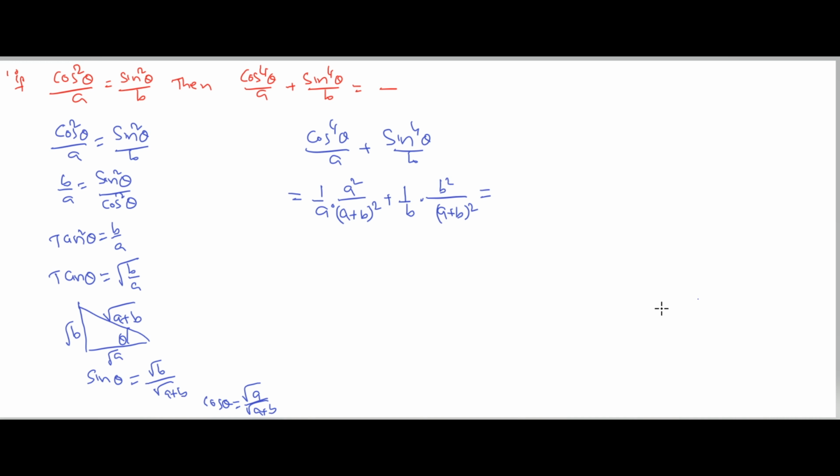That is equal to, here a is cancelled and b is cancelled, a by (a plus b) whole square plus b by (a plus b) whole square, that is equal to (a plus b) by (a plus b) whole square. So (a plus b) cancelled, that is equal to 1 by (a plus b). That is the answer.